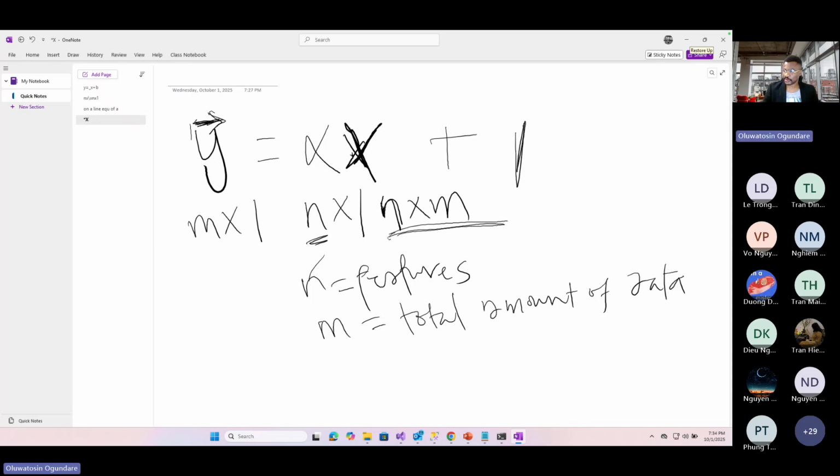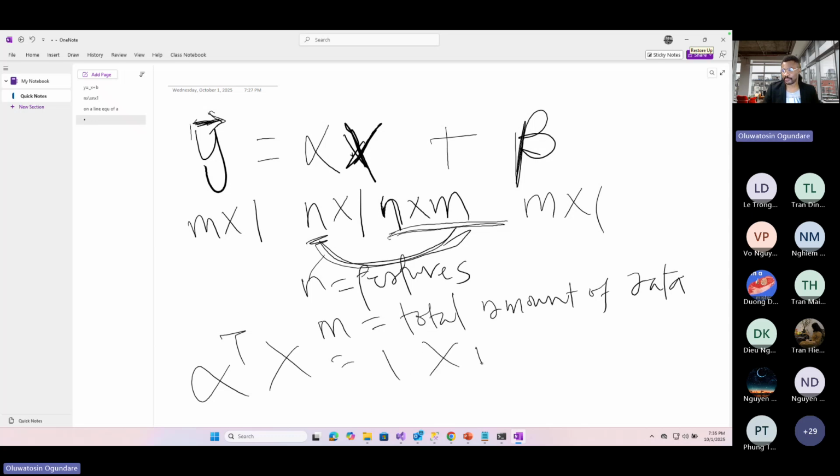We can continue by simply writing beta here, and this also would be n by 1. So we expect that whatever we get here would give us n by 1. So you can continue by saying alpha transpose x, which will result in 1 by m, and you can transpose the whole thing back, and you get n by 1, and then you can add it to your beta, and you end up with an n by 1 matrix, which is your y.